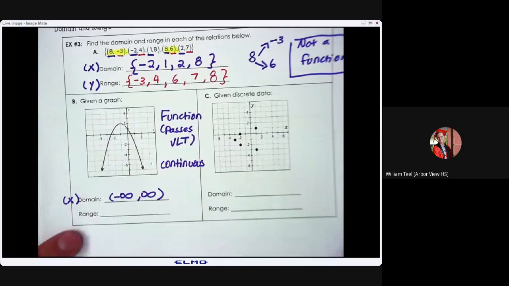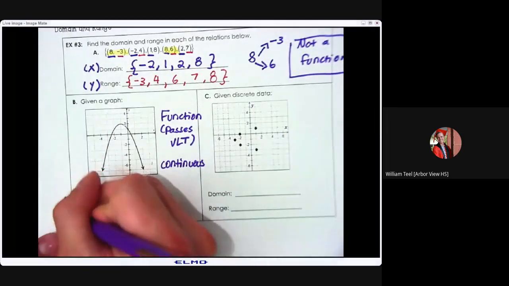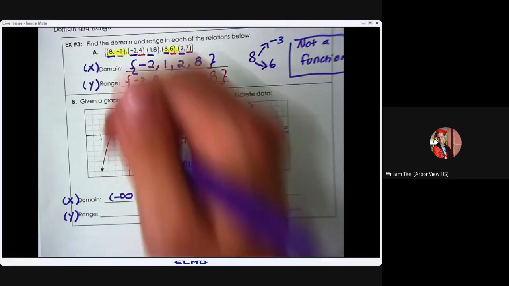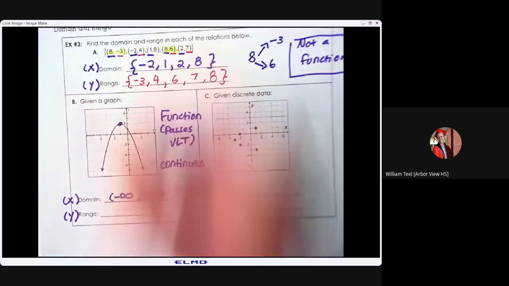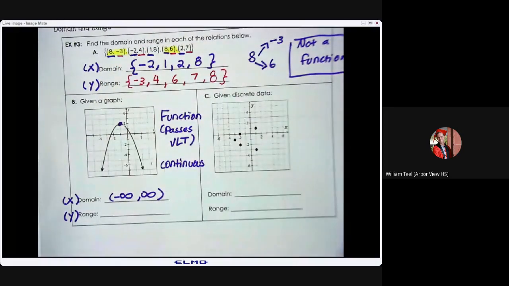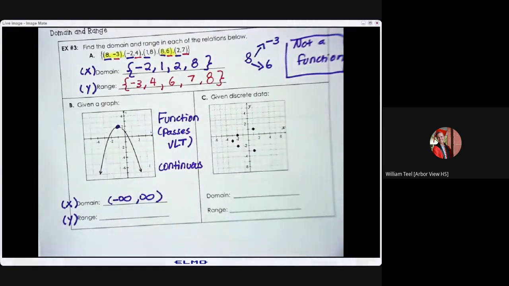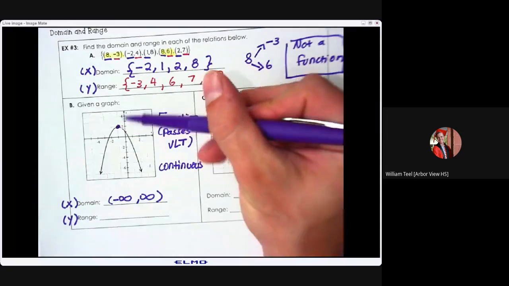Now we're talking about the range. The range is all of the possible outputs or y values of that relation. If you look at this graph, you might notice that there is a peak. This is the highest point that the graph goes. Above this point, there are no more points on that graph. So the range, or the output, is going to stop at 2. It doesn't go any higher.